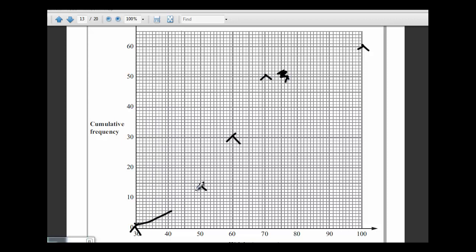Okay, so we can now just join these up, hopefully in a nice smooth curve.